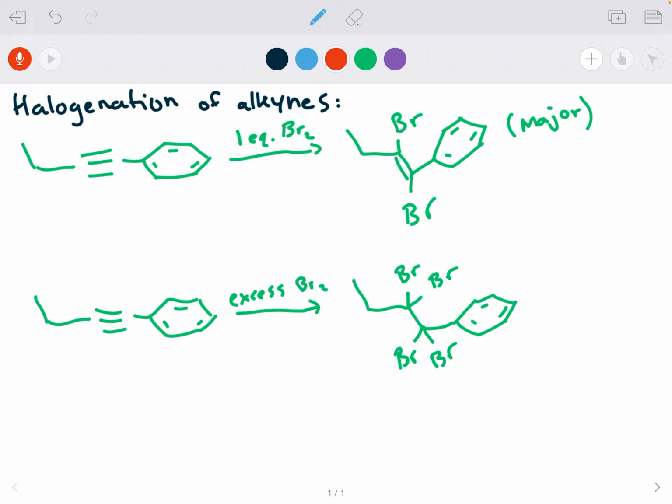As always, I just want to check my carbons: 2, 3, 4, and then the phenyl group, 1, 2, 3, 4, and then the phenyl group. So we're good. Up top, 1, 2, 3, 4, 1, 2, 3, 4.